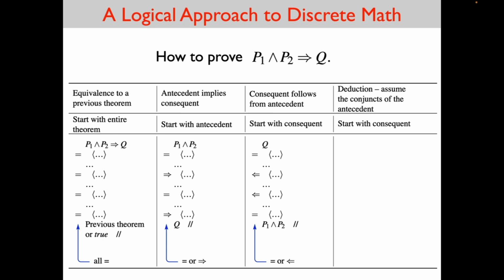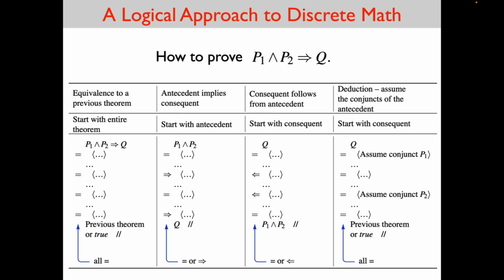All right, so we're going to start with Q, but notice how this proof technique, this metatheorem, works. You start with the consequent Q, but you do not use implies or follows from.